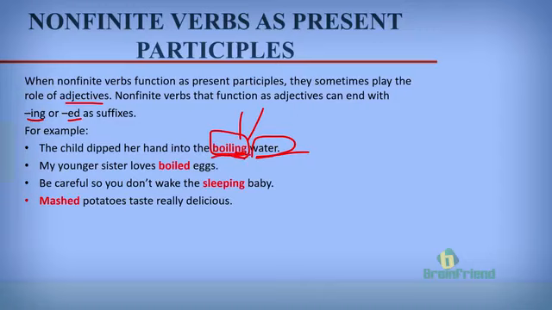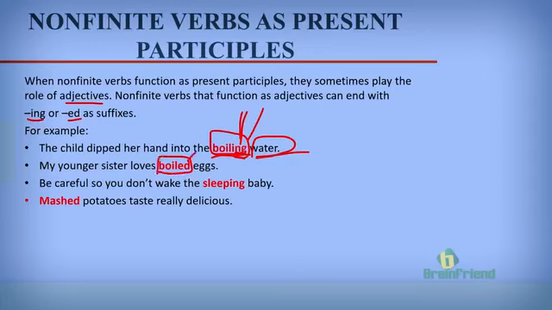Boiling water. What kind of water? Boiling water. So this present participle here, which is a non-finite verb, functions here as an adjective modifying the noun water. Let's look at our second example. My younger sister loves boiled eggs.